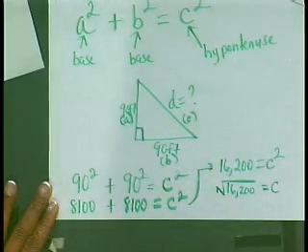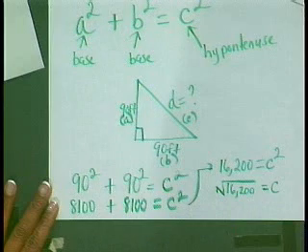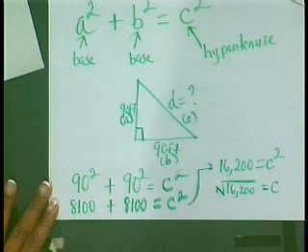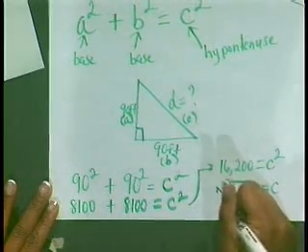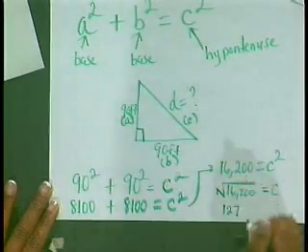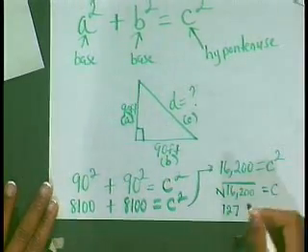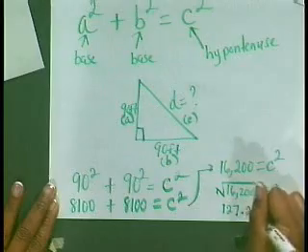is equal to C. So I'm going to use my graphing calculator to find the square root of 16,200, and we get 127. I'm going to round it to the nearest hundredth, and 27 hundredths.